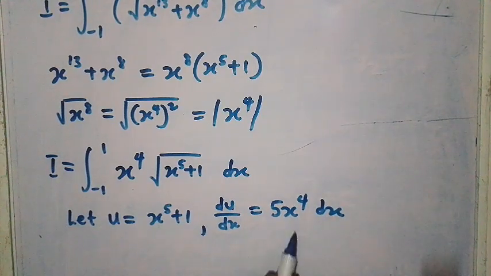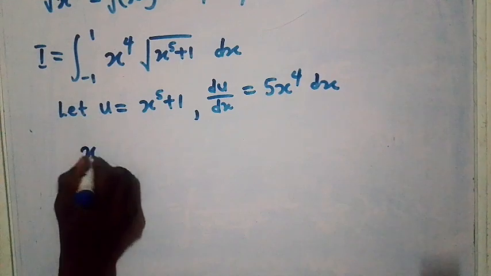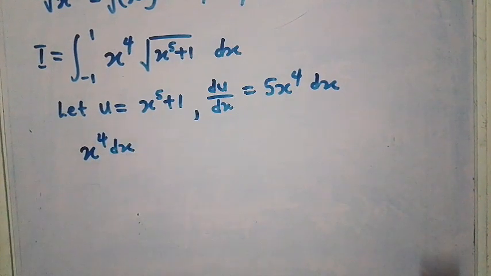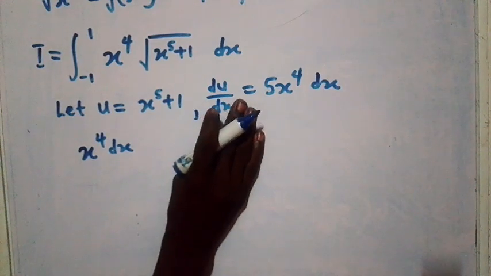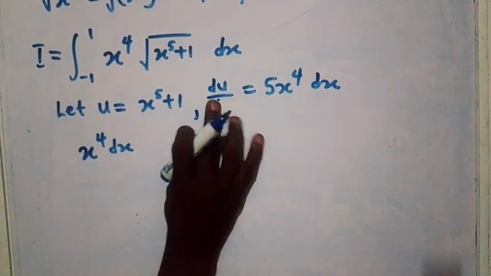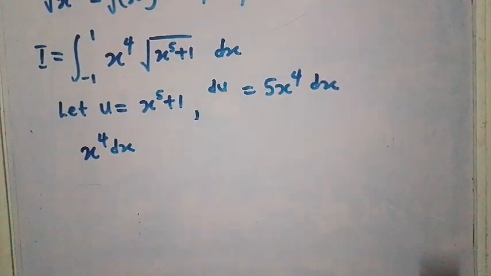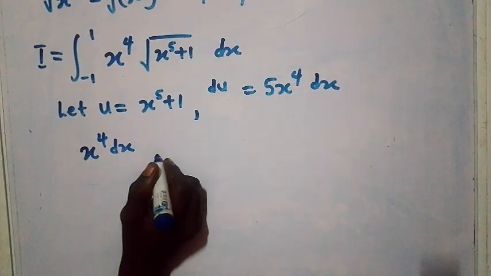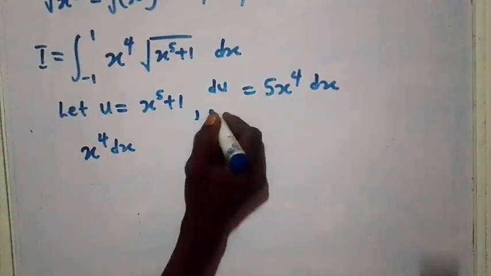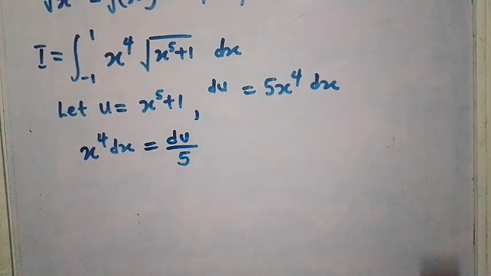If I want to make x raised to the power 4 dx the subject, I divide both sides by 5, and this will be equal to du over 5.